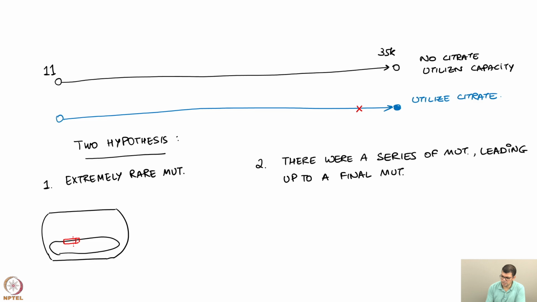None of these was rare. These are regular single nucleotide mutations. This set of mutations happen in a series in this particular line, leading up to a final mutation which conferred the ability to utilize citrate.